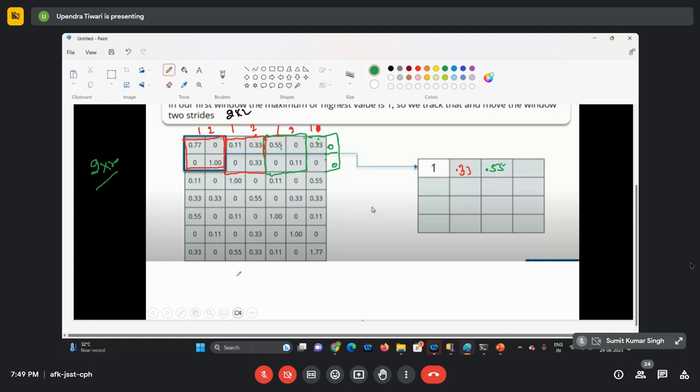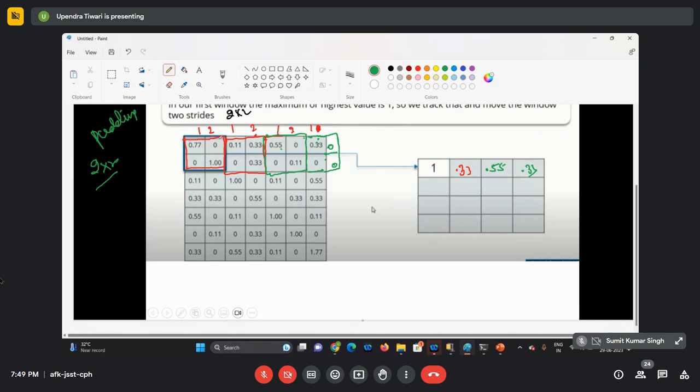This is called padding. Adding either the extra row or the column is called padding. Stride means whenever you are moving this window, taking the gap. Now you see the maximum value is 0.33.